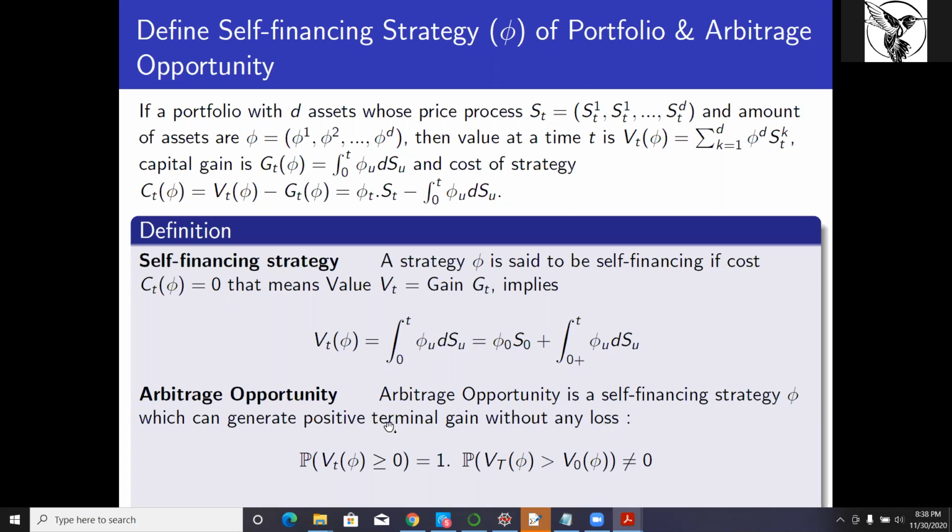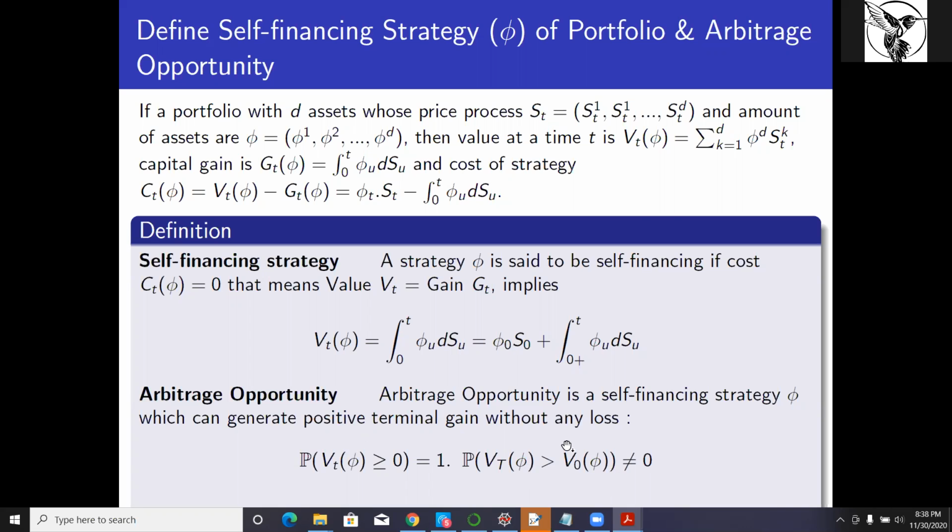I'm defining it this way: the probability that the value with the strategy phi is always greater than or equal to 0 is 1. So it is almost sure that the value will always be positive.